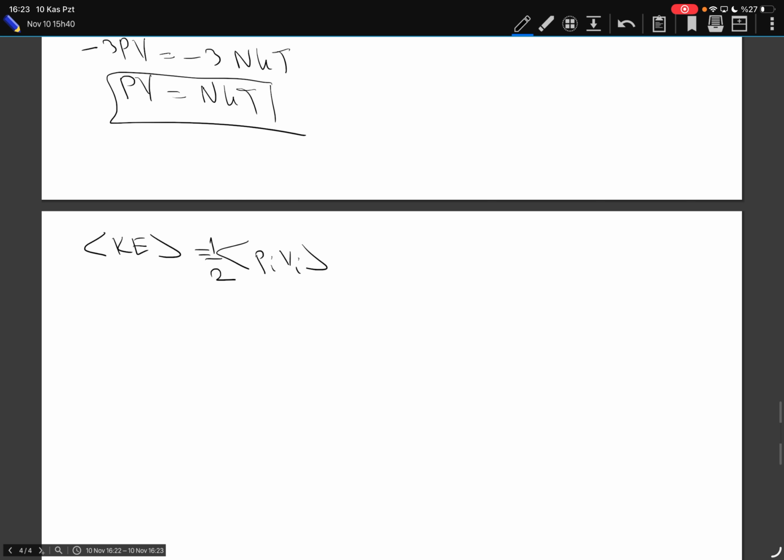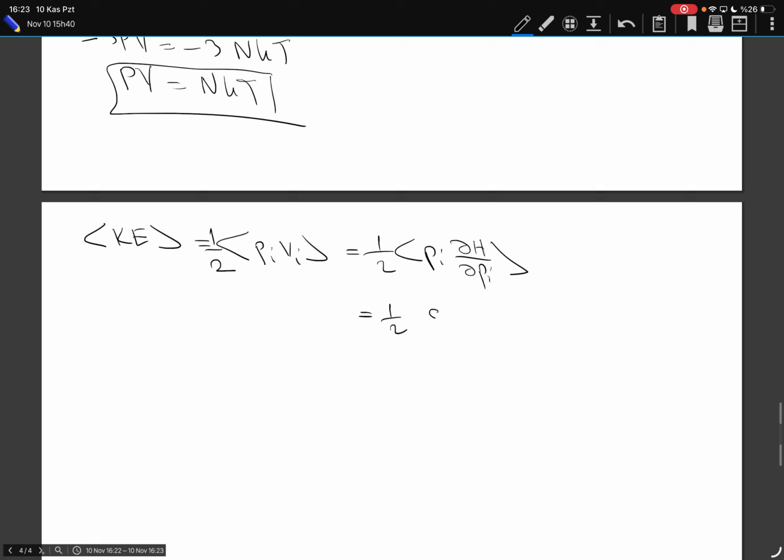This is the average kinetic energy, which will be 1 over 2 the average of p_i del H over del p_i, which will be 1 over 2 Kronecker delta times kT, 1 over 2, 3N kT. This is the kinetic energy.